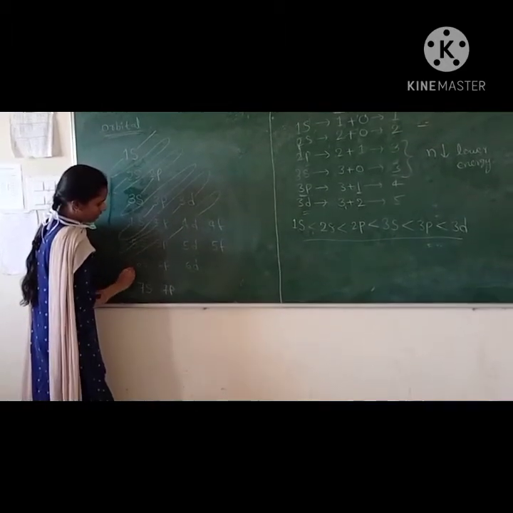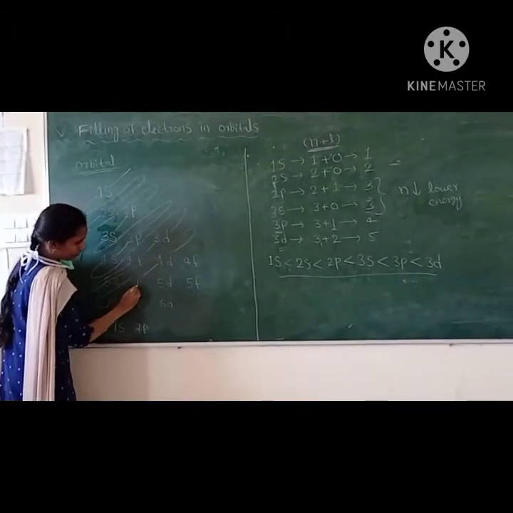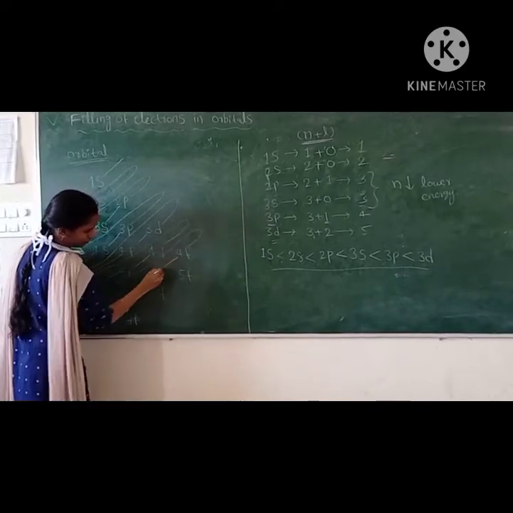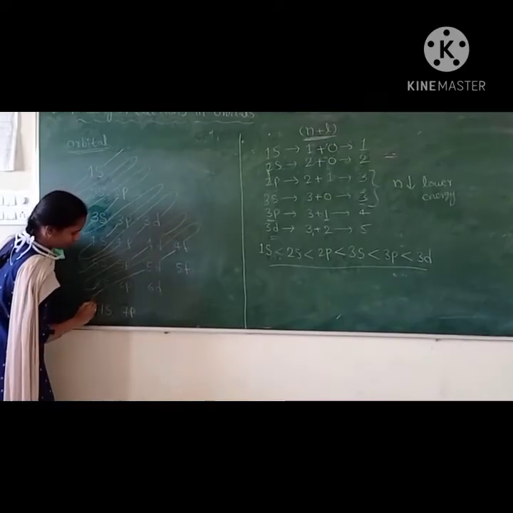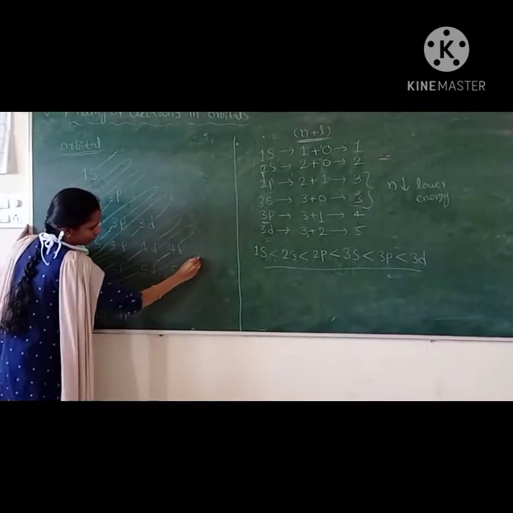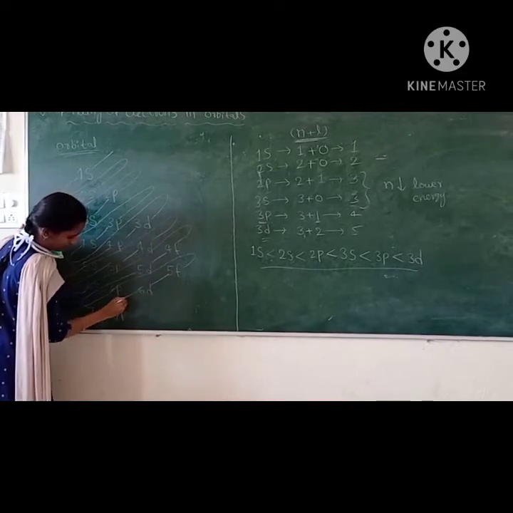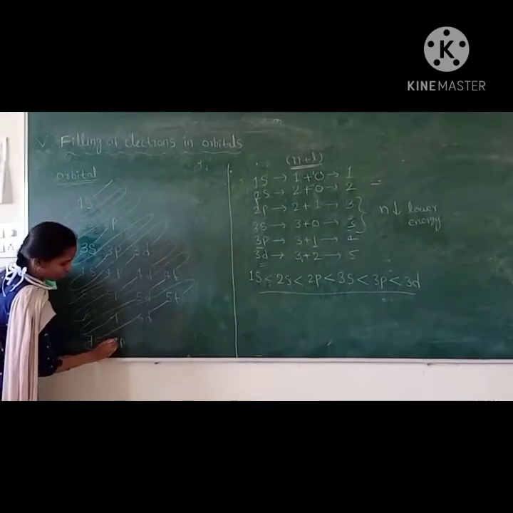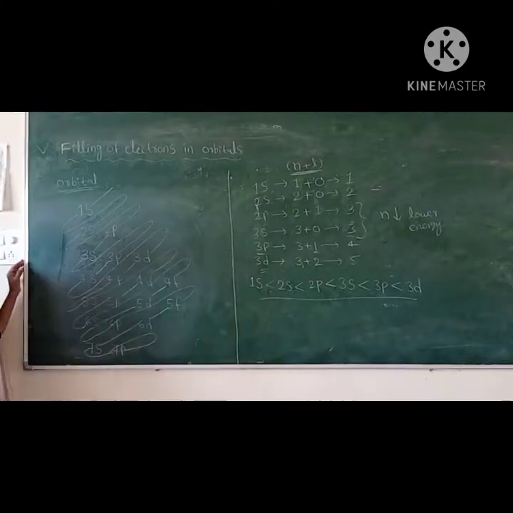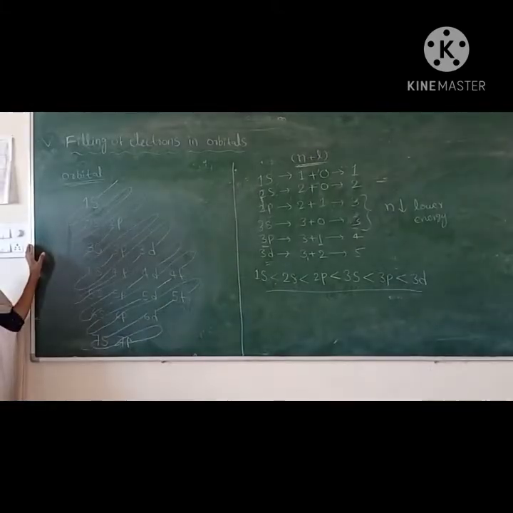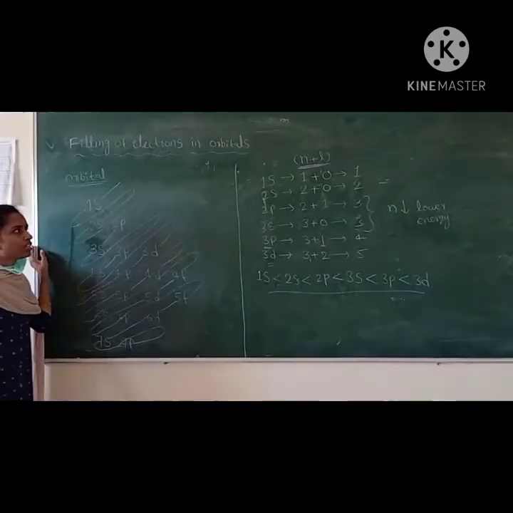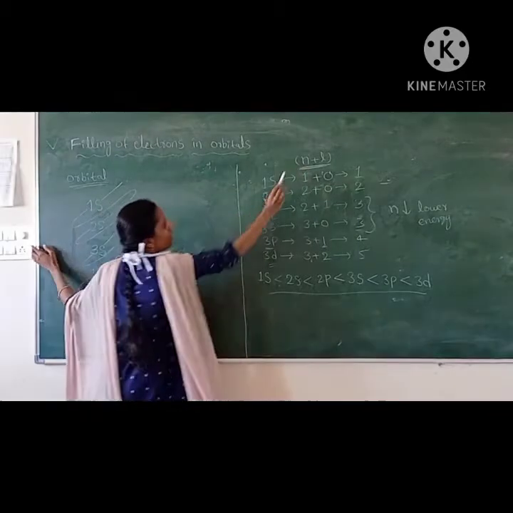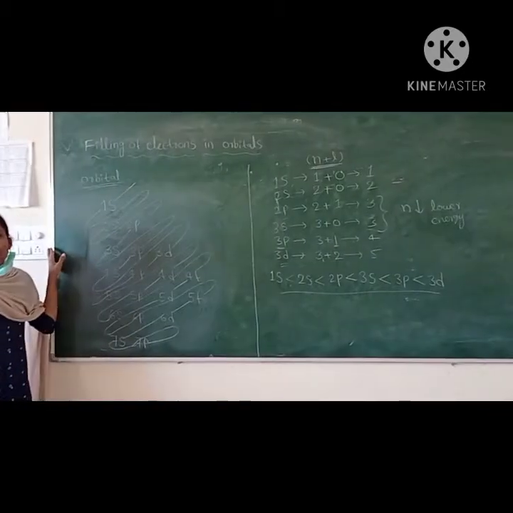So like this, just go like this. This is the way to remember the energy of orbitals, or otherwise you can calculate the n plus l values and then determine the energy of orbitals.